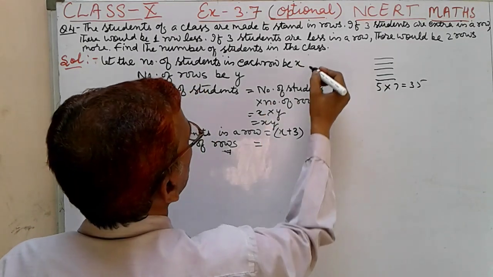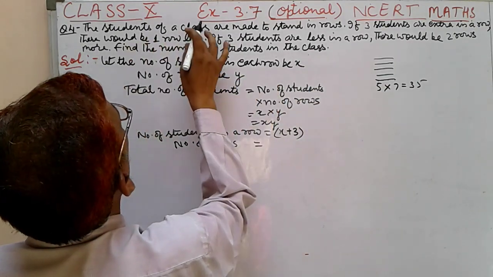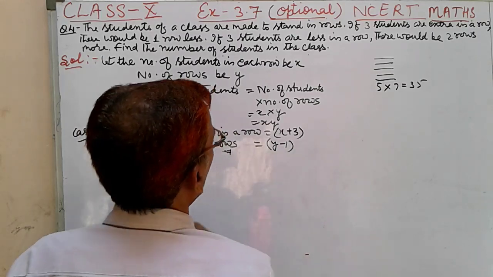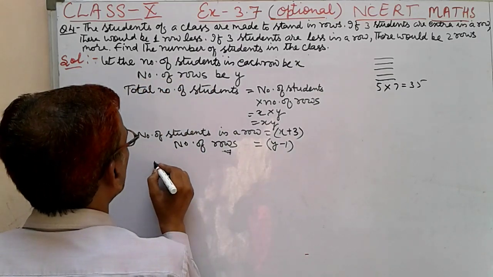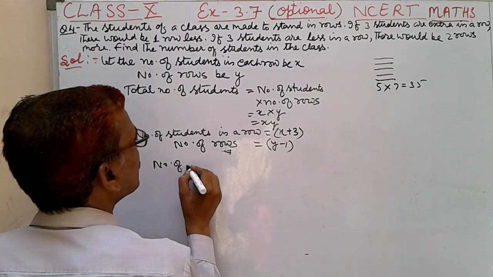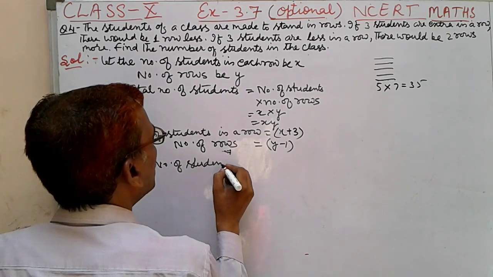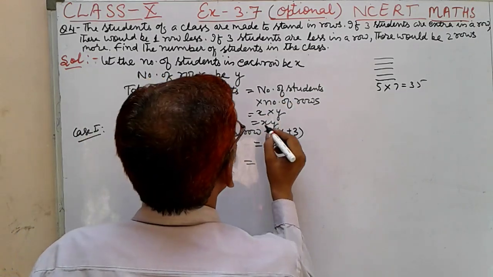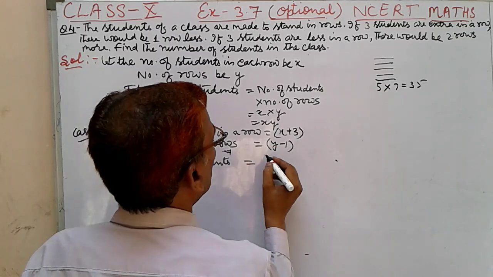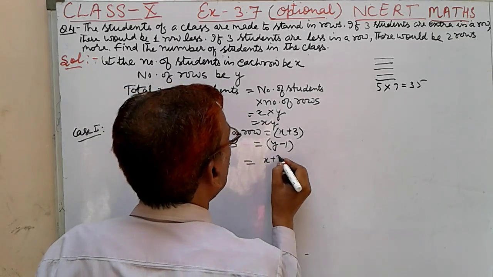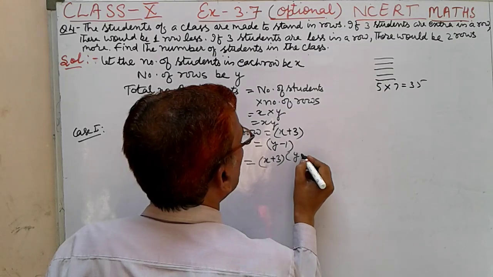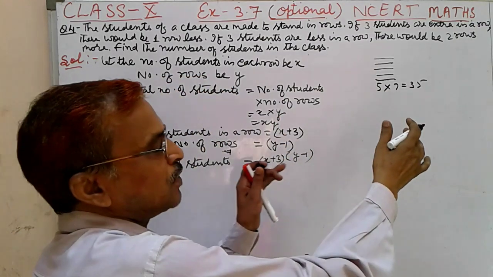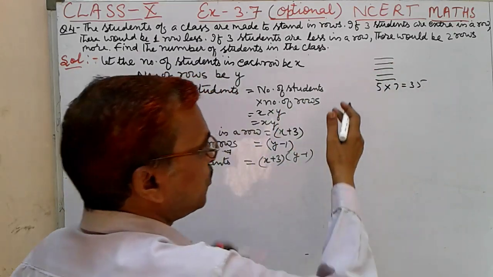Number of rows y, 1 row less means y minus 1. Total number of students will be the product of number of rows into number of students, x plus 3 multiplied by y minus 1. Like this, xy. The number of students will remain the same in both conditions.